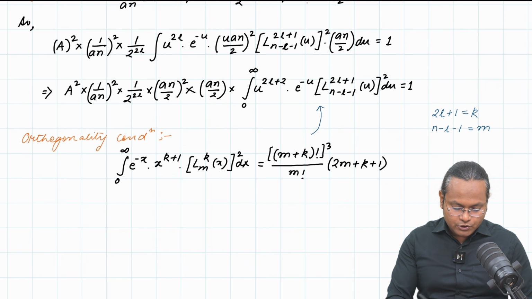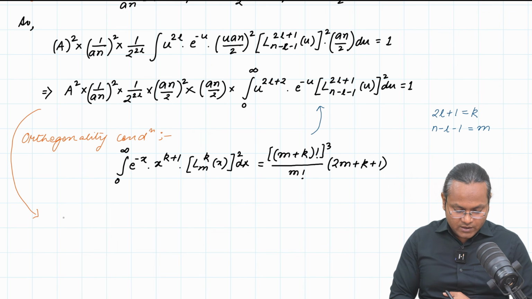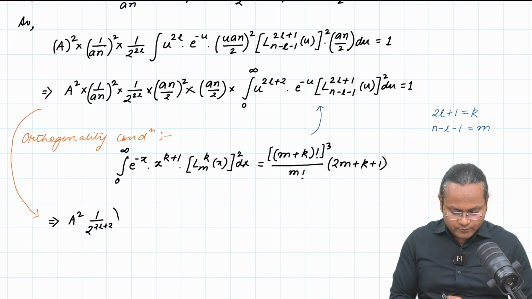If I substitute this back into our expression, it becomes A squared, and here we have an squared and an squared, which get cancelled. We are left with 2 to the power 2l plus 2. So an upon 2 squared and an squared cancel, not the 2 term of course, just the an squared term here.